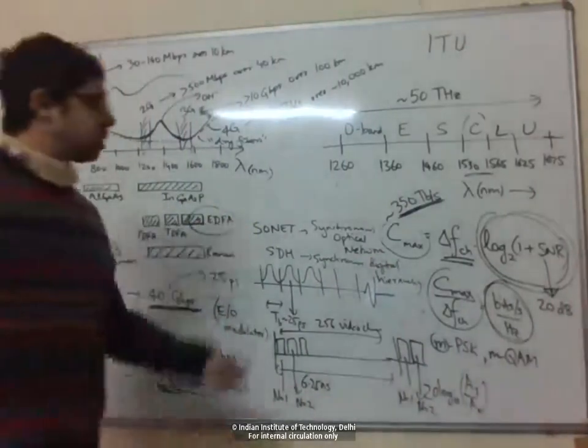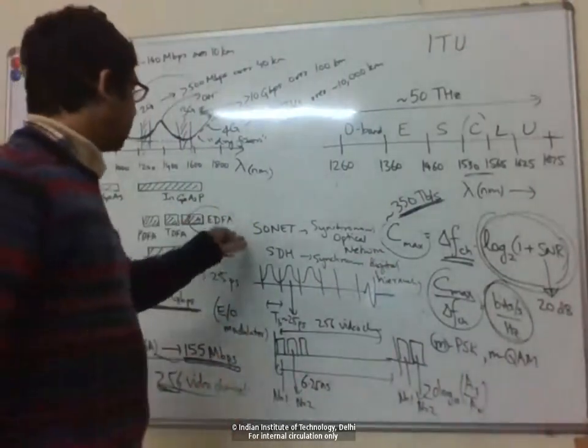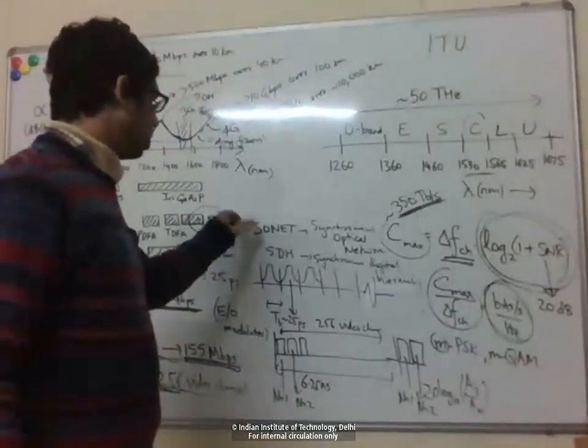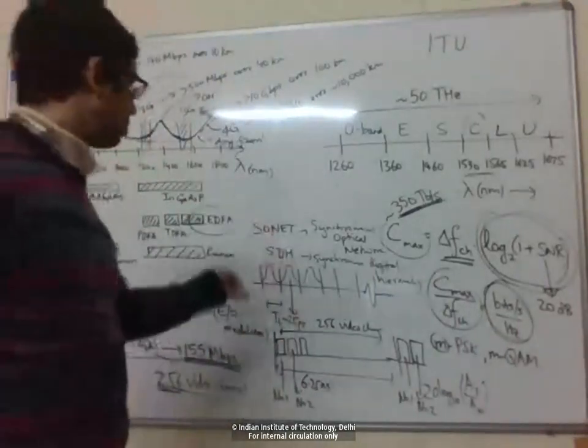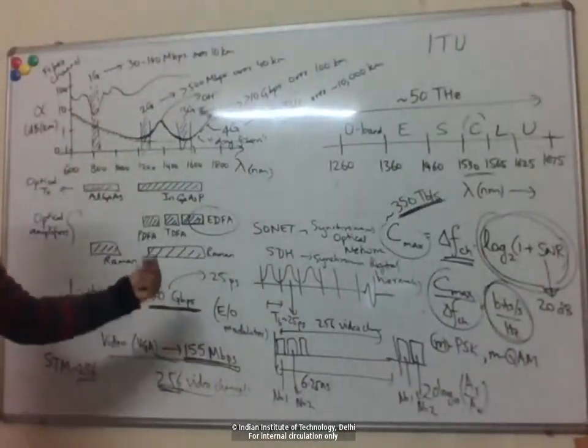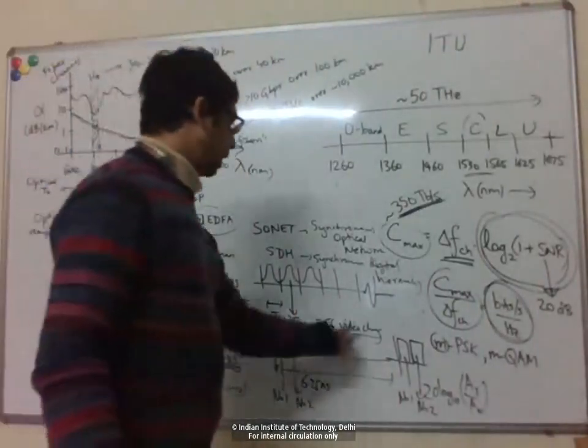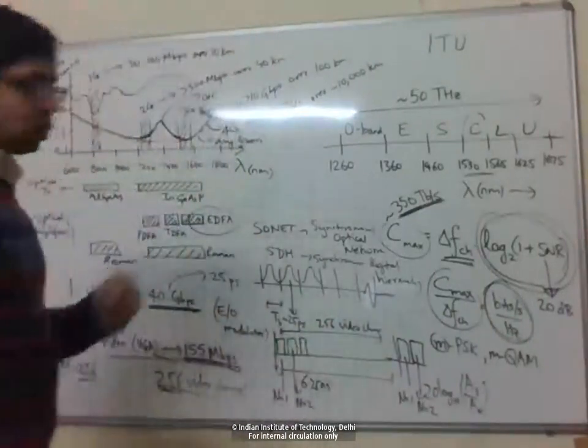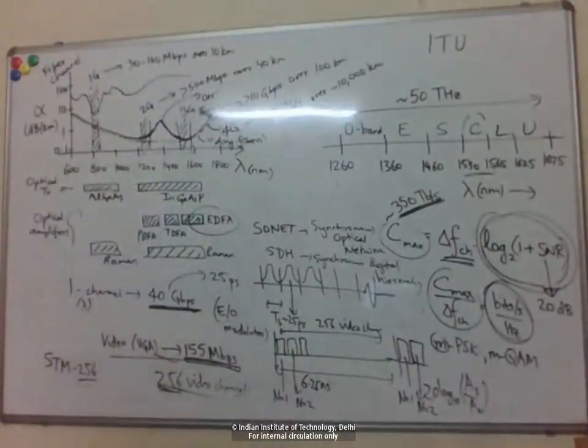They go by different names in different places. In the US they might be called SONET, in Europe they're called SDH. But the idea is basically this time division multiplexing of different electronic signals that you want to send onto the optical waveform.